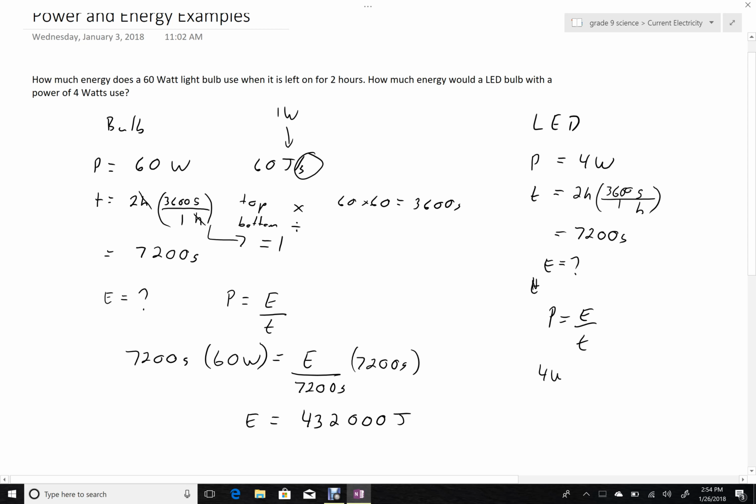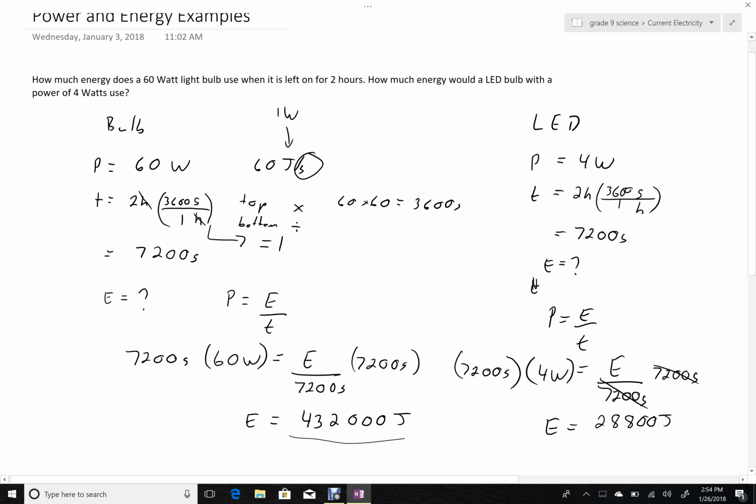So 4 watts equals energy divided by 7,200 seconds. And this time I'm going to multiply both sides by 7,200 seconds to get energy on its own. 28,800 joules.